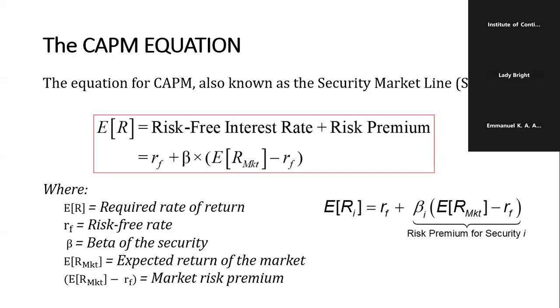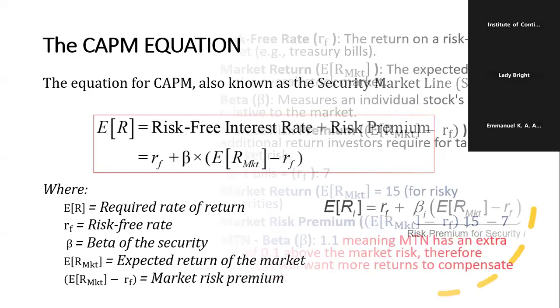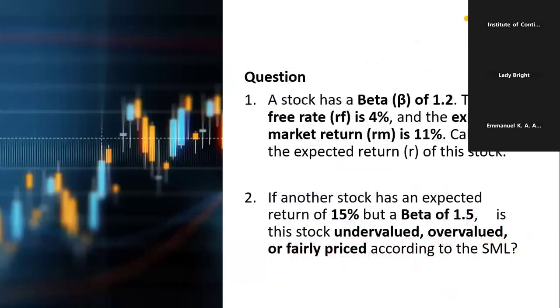Done, madam. Okay, thank you. So let's solve the first question. A stock has a beta of 1.2. The risk-free rate is 4%, and the expected market return is 11%. Calculate the expected return of the stock.